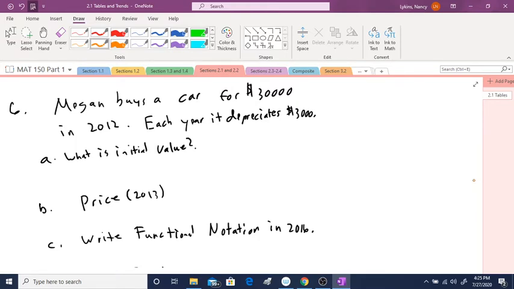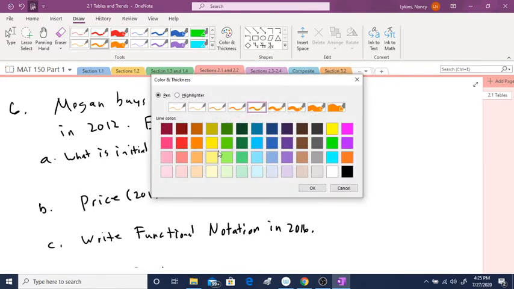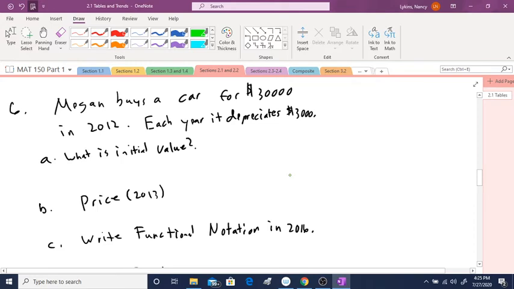Well, one thing I wanted to say is I'm going to come up with an equation first. Okay. Now, the initial value is what we start with. It's $30,000. What is the price? Well, in this case, maybe we say f of x. It just depends on, if I don't give you anything, you can use whatever you want. So f of x is 30,000.